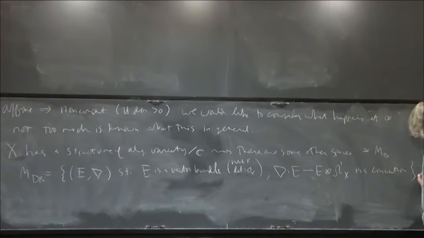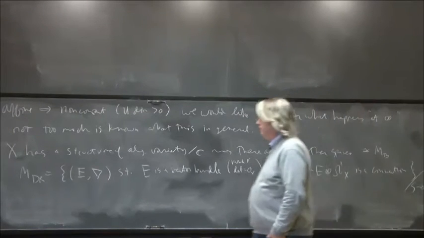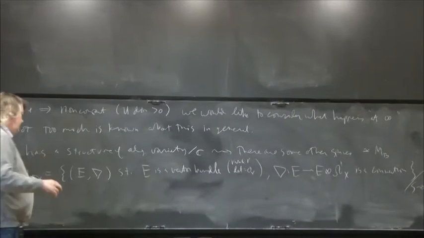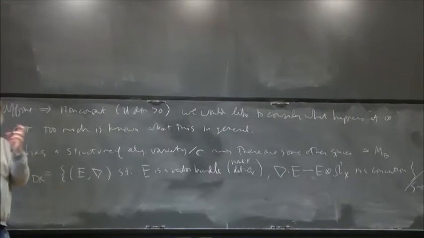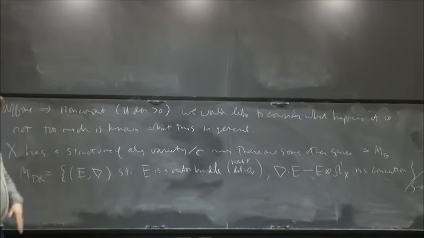And this is up to S-equivalence. If two vector bundles with connection are irreducible, then S-equivalence just means being isomorphic. If they happen to be reducible, S-equivalence means that the Jordan-Hölder series has the same quotients. That corresponds exactly to the relation that you get when you do this GIT quotient.